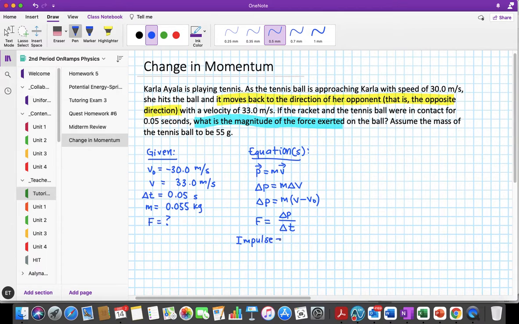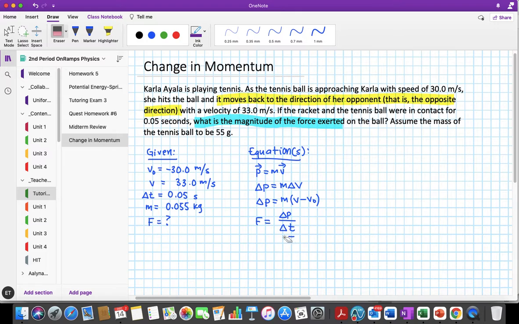It says that force multiplied by delta t is equal to change in momentum, because impulse changes momentum. So if I divide this by delta t, because I want to know the force, look, force equals delta p divided by delta t. Okay, in case you forget, you can use impulse.